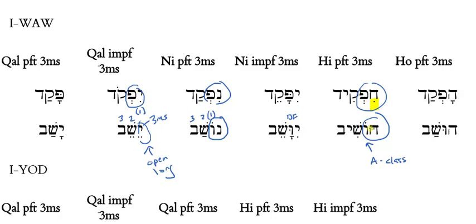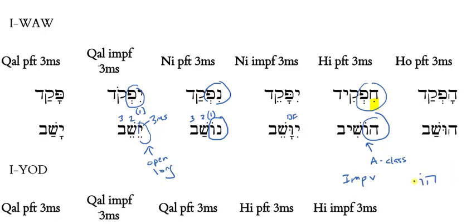All of the prefix forms of the hifil, with the hey prefix and with the nun prefixes, are going to take the holem vav where that root 1 vav would have been. And so I'm not going to be able to tell the difference between the hifil perfect 3ms and something like the hifil imperative 2ms. Or excuse me, I can tell the difference with the hifil imperative, but let's say we add the 2mp ending.